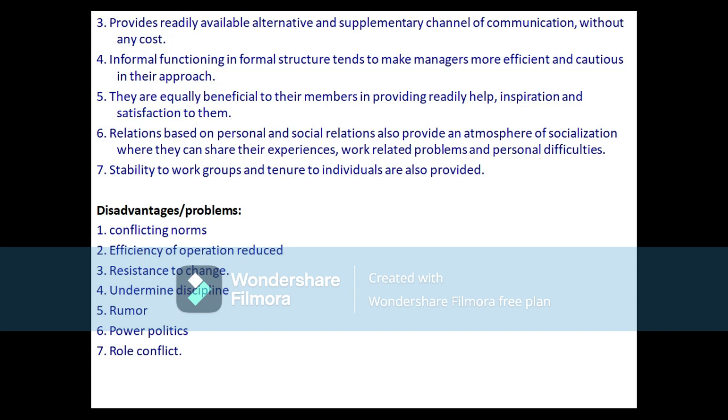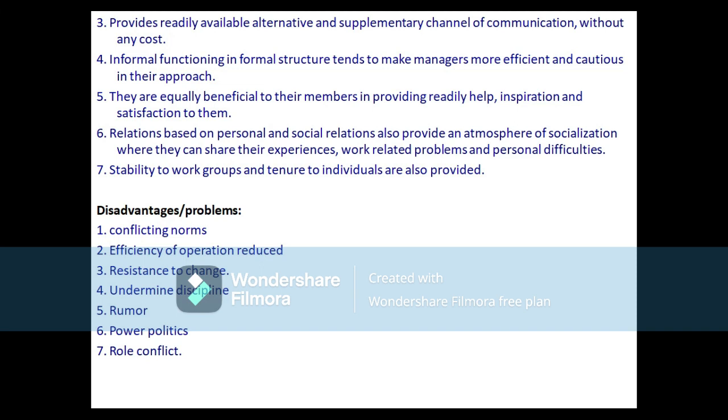That is known as resistance to change. They are more habituated to the traditions and customs, and they are very conservative. So this conservativeness, these conventions and customs, do not allow for accepting the changes in the organizations. They will resist the changes.